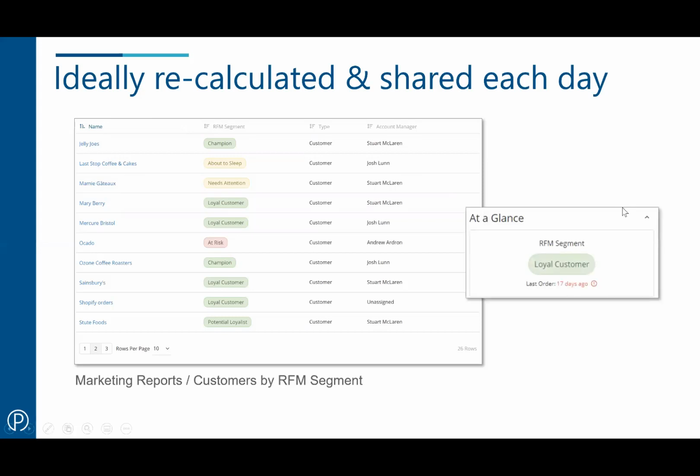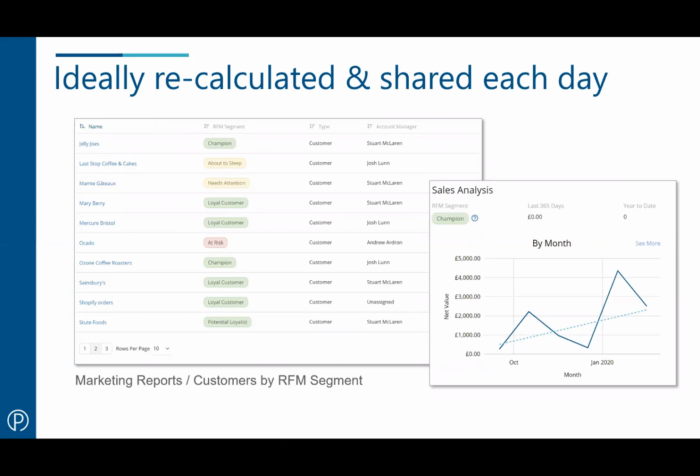And also, if you look at a customer record now, you'll see the at a glance has been updated to give you that RFM segment, and also give you a little identification of when they last ordered. And if you click on that or go to the sales analysis page on a customer record, you'll see some new charts and some more analysis on the recency, frequency, and monetary value, and the trending of that customer's purchases over time.